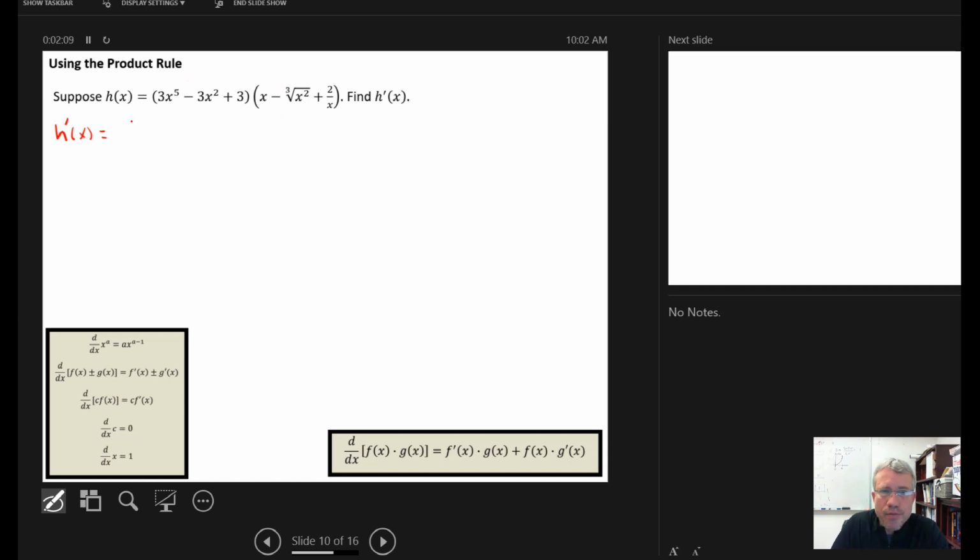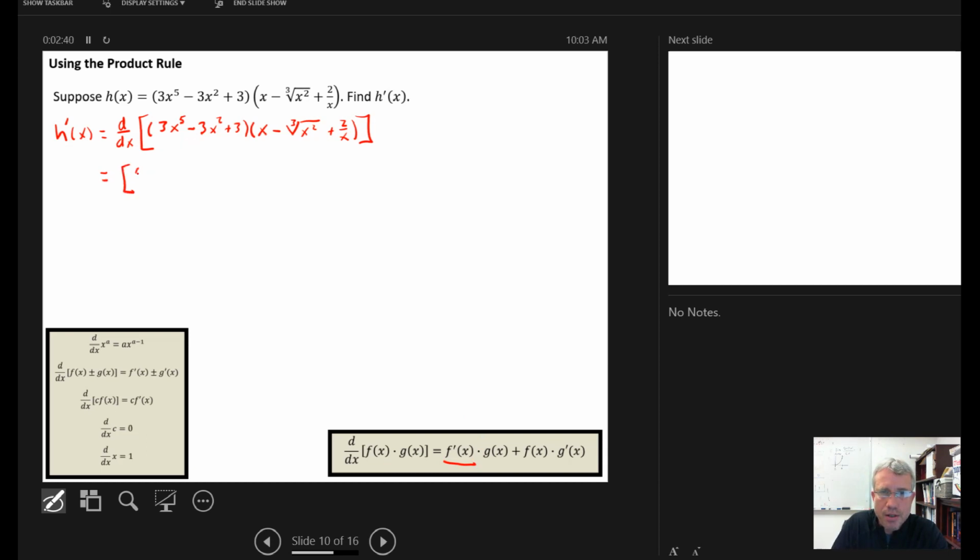So to take the derivative of h, we know we need to take d dx, the derivative of the product of the two functions. We have 3x to the fifth minus 3x squared plus 3 times x minus the cube root of x squared plus 2 over x. So we need to take the derivative of the product, and applying the product rule says first take the derivative of the first function.